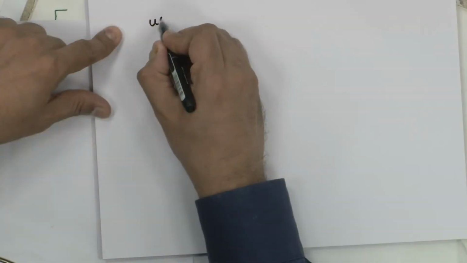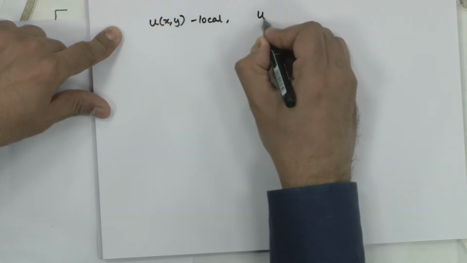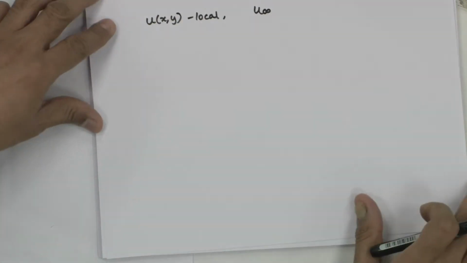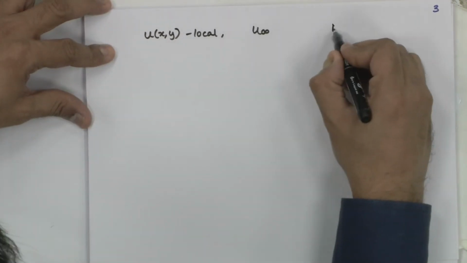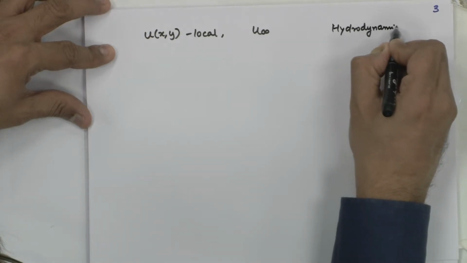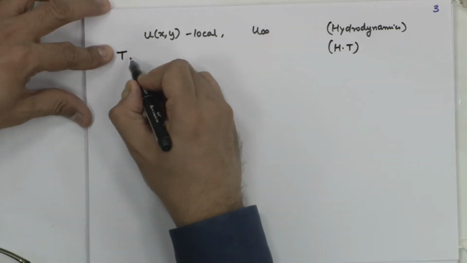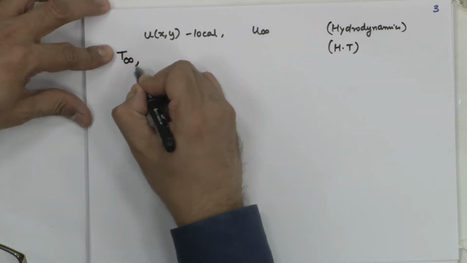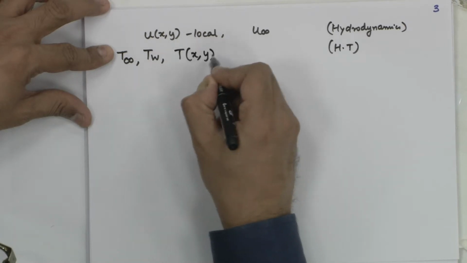Let us just write them down. You have u of x comma y, the local velocities, and u infinity, only these two in hydrodynamics. Whereas in case of heat transfer, I have T infinity, I have T wall, and I have T, the local temperature.